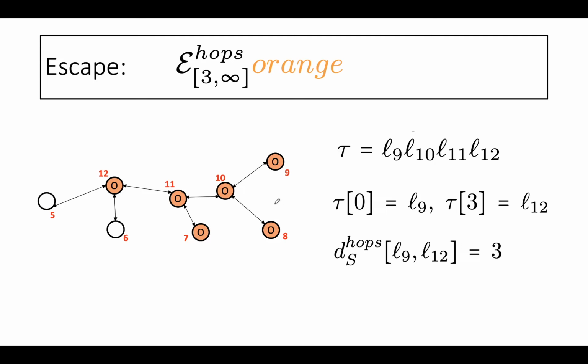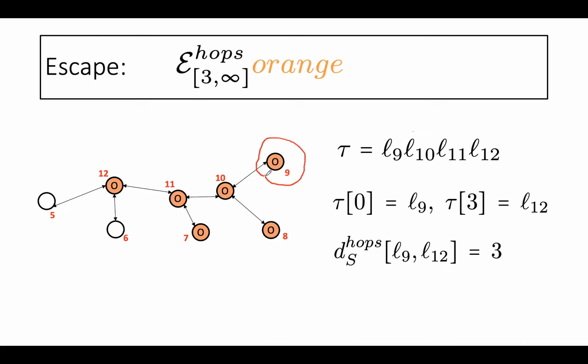So let's understand the operator better with an example. We consider the property escape, the orange property, at a distance more than 3, considering the hops function. We can see, for example, that the location 9 satisfies the property, and we can see together why.